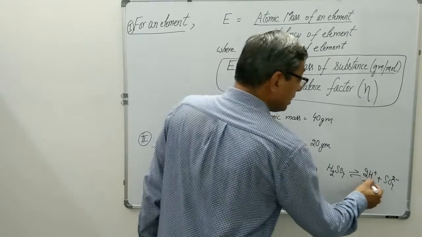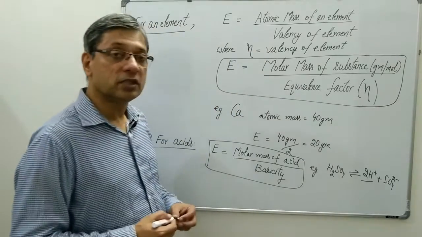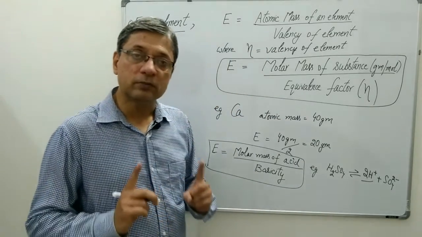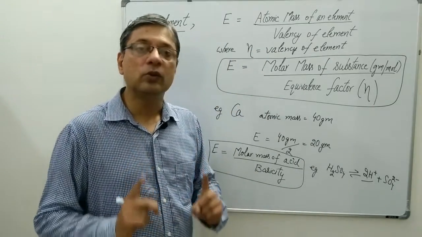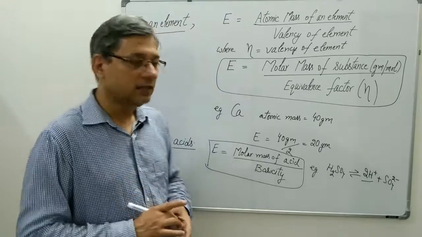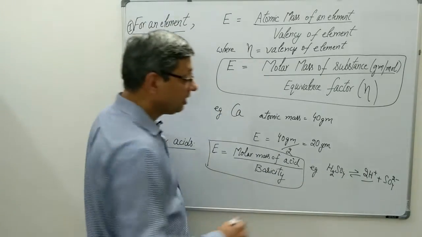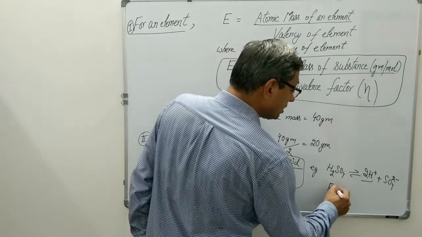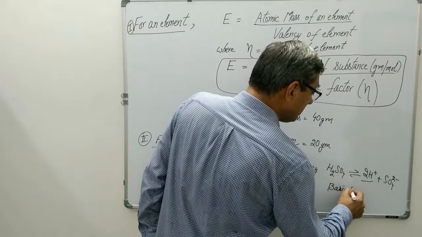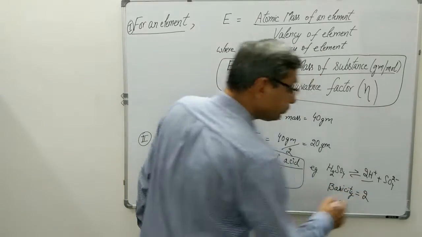So the number of H positive ions produced by a molecule of sulfuric acid is called the basicity of the acid. So the basicity of sulfuric acid will be equal to 2.